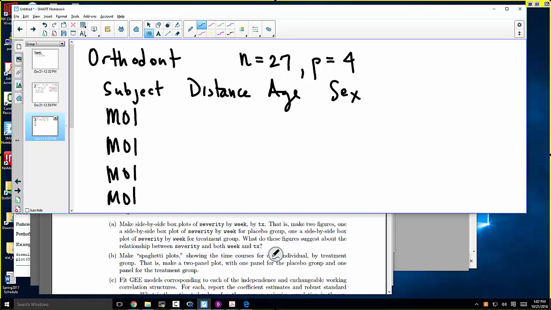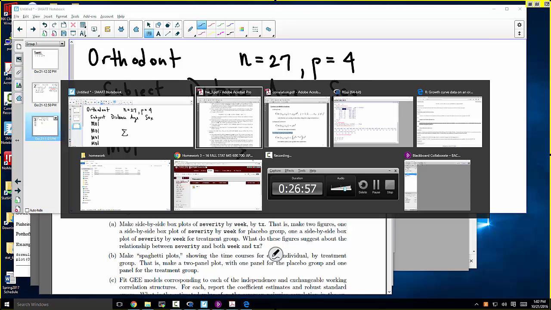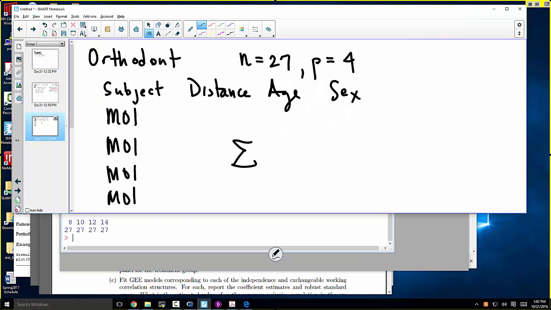If the data are organized like this, with the first 4 rows being one individual, the next 4 rows another individual, and so on, that capital sigma needs to be 27 times 4 by 27 times 4. So 108 by 108 is what this thing is going to be.